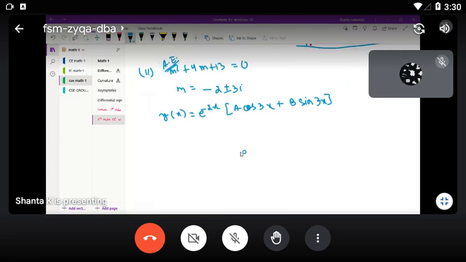Now after substituting the initial condition, what are you getting? The values of a and b. How much are you getting? A is 0, and b is 1 by 3. Now you can substitute here the required solution.